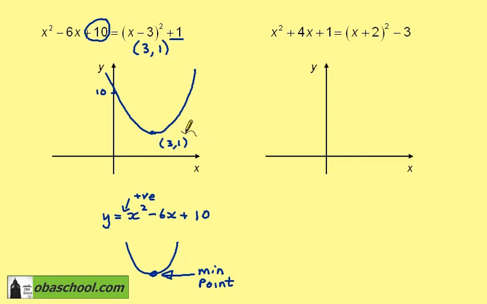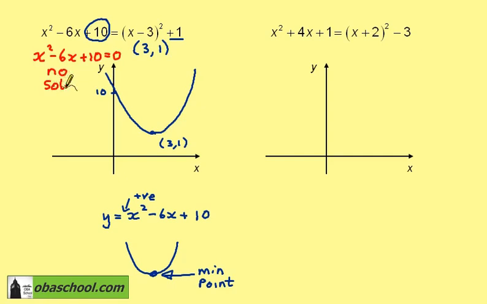Just as an aside, and not necessarily something you're expected to know here, but note how this curve does not touch the x-axis. We've met this curve before. The fact it doesn't touch the axis tells us that x squared minus 6x plus 10 equals 0 has no solutions.